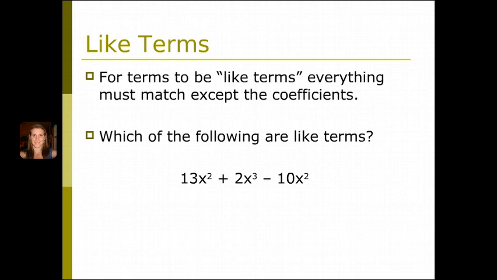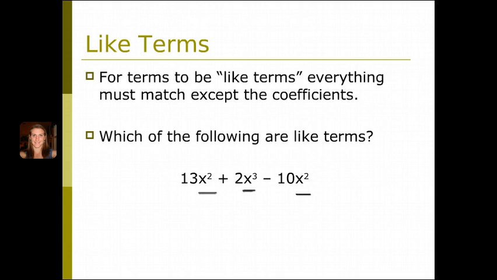So let's look at the example below. 13x squared plus 2x to the third minus 10x squared. Well, we need to figure out which one of these terms are like another term. So we've got an x squared, an x cubed, and another x squared.